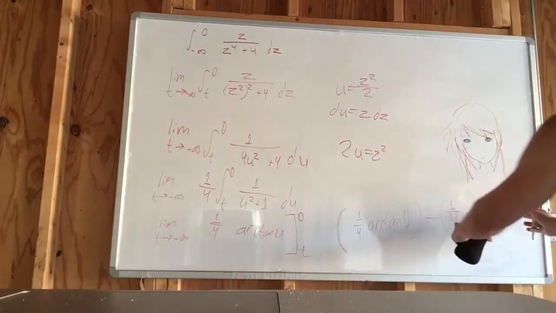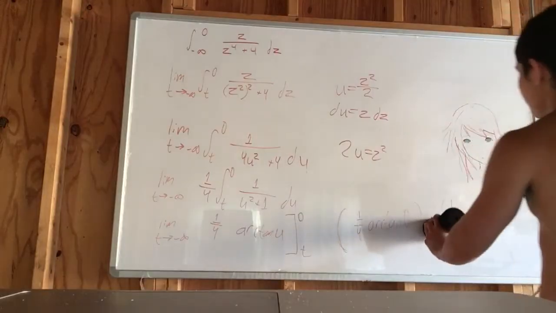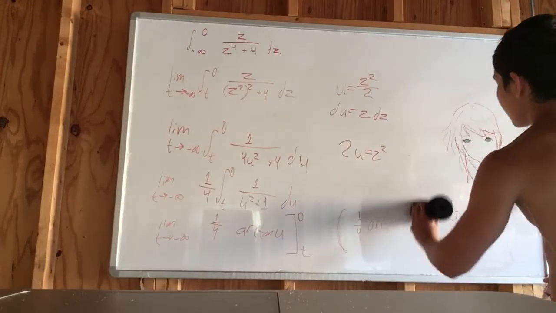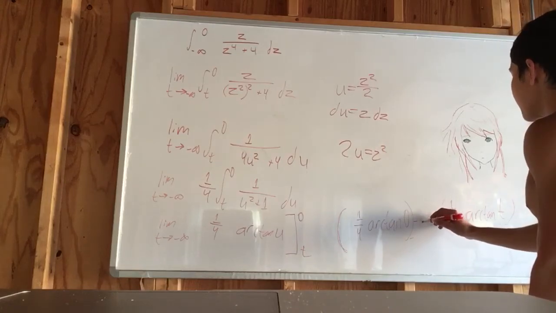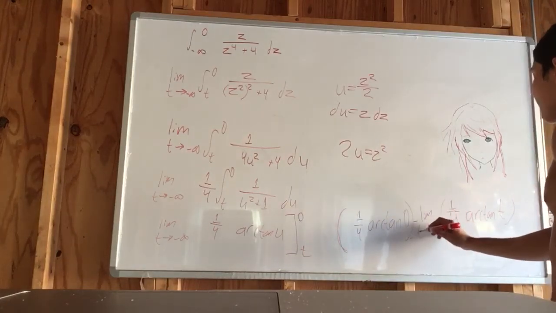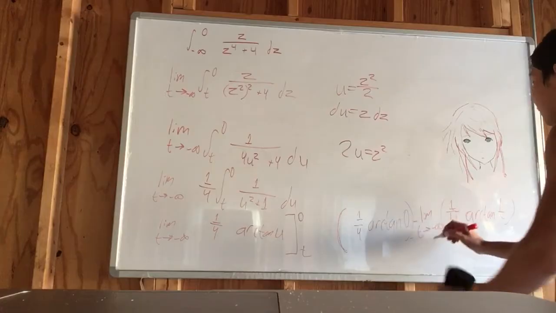It really only matters on this side, so you could also just write it on this side. Minus the limit as t approaches negative infinity.